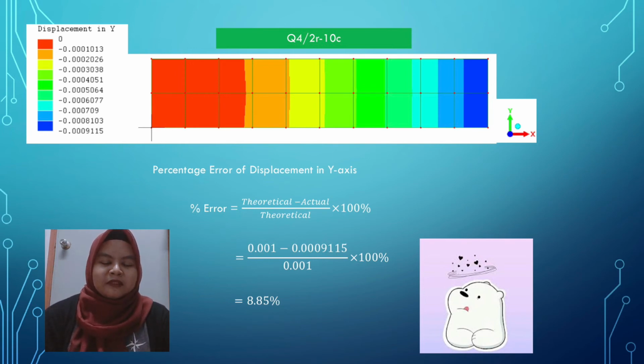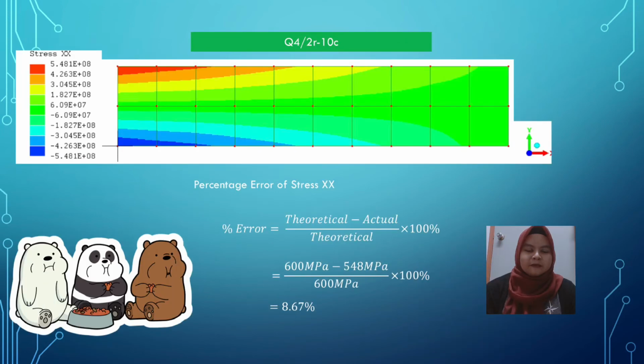For this element model, which is Q4, the percentage error for the displacement in the y-axis obtained is 8.85%. The percentage error for stress x, obtained using the same formula, is 8.67%.